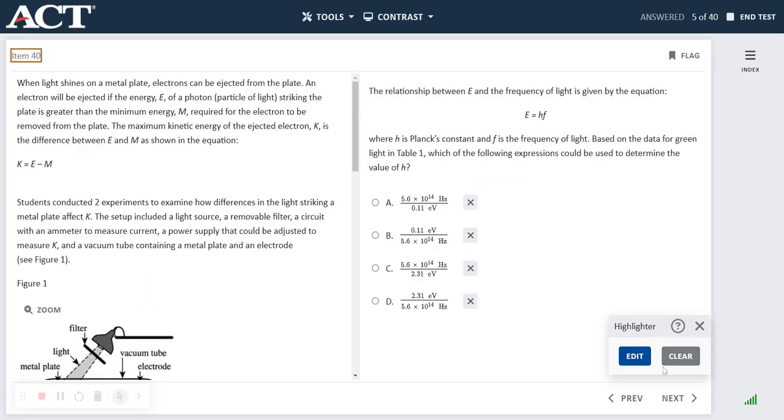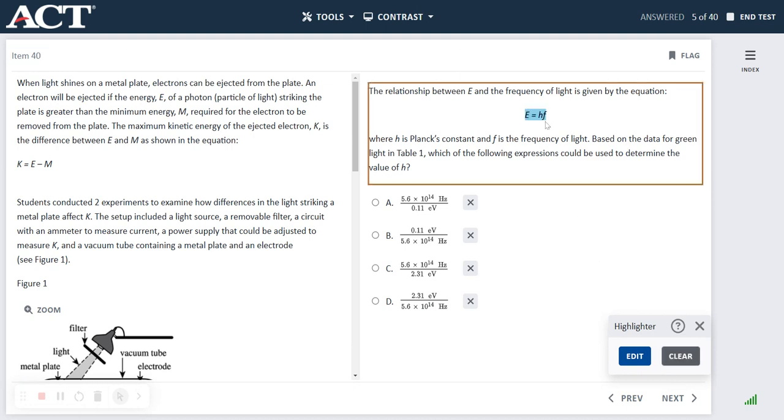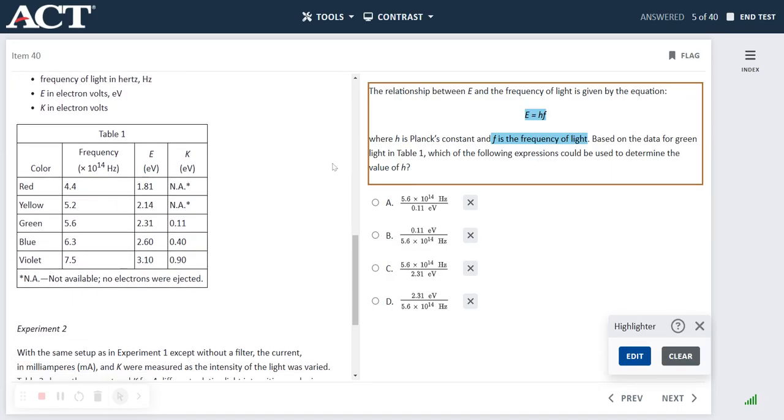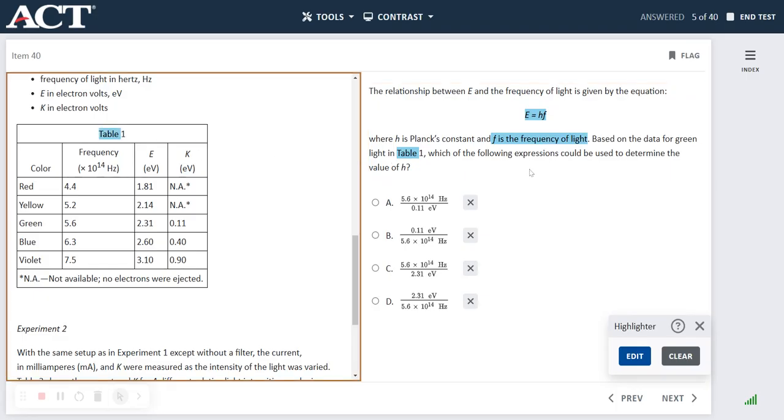Our last one, the relationship between E and the frequency of light is given by this formula, where H is Planck's constant, F is the frequency of light, so we know the frequency. Based on the data for table 1, so that's table 1, which of the following expressions can be used to determine H?